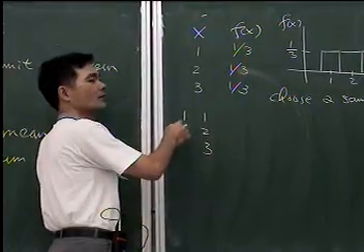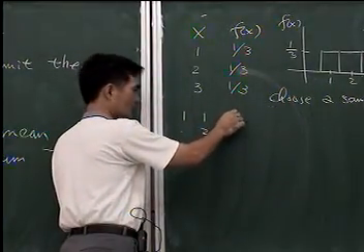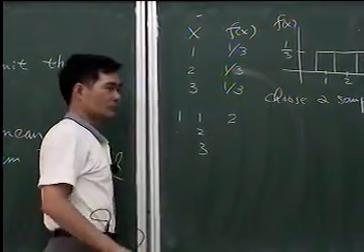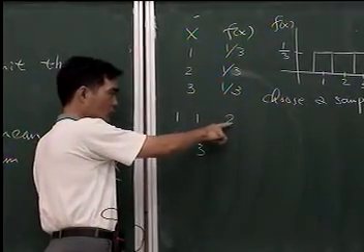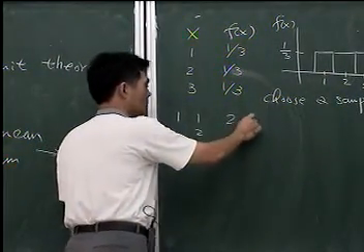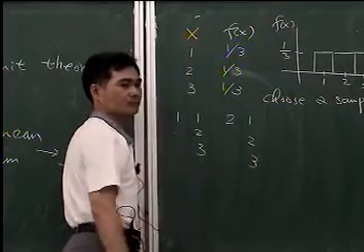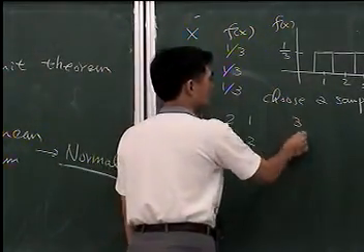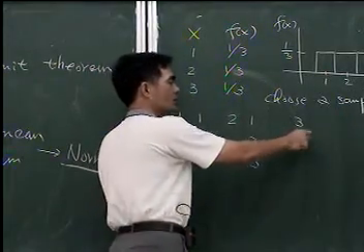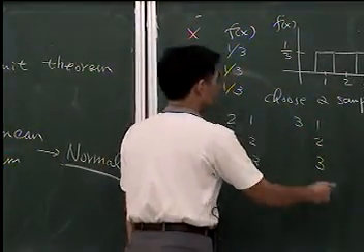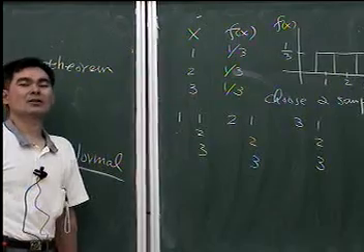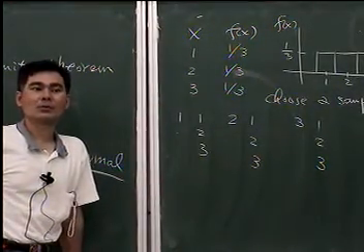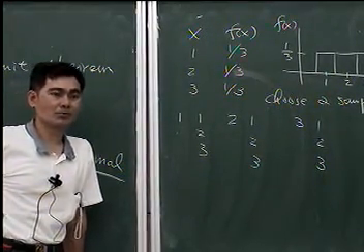The first one can be 2, and the second one can be 1, 2, or 3, right? And then the first one can be 3, and also the second one can be 1, 2, or 3. So in this case, how many different samples do we have? We have 9 different samples.